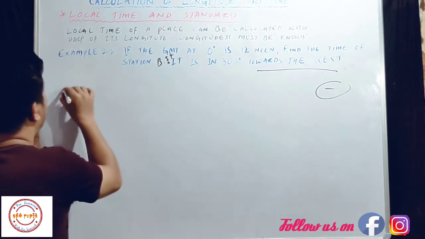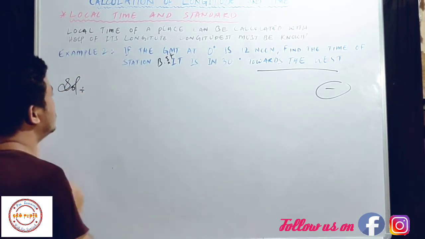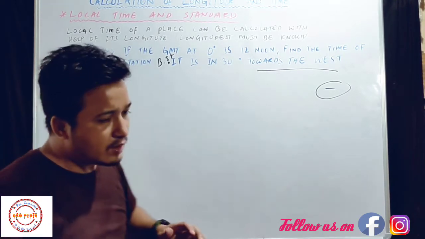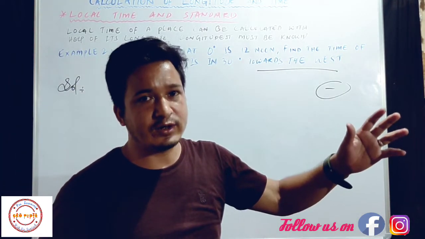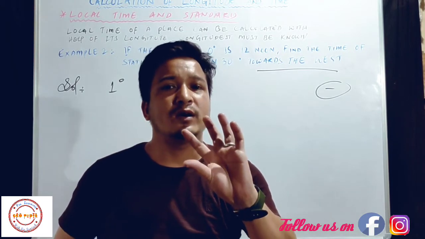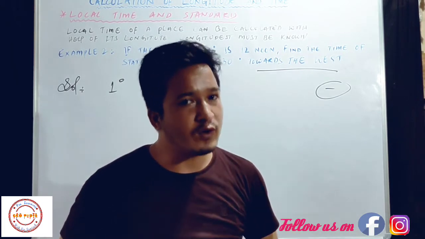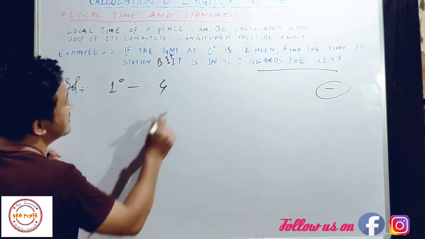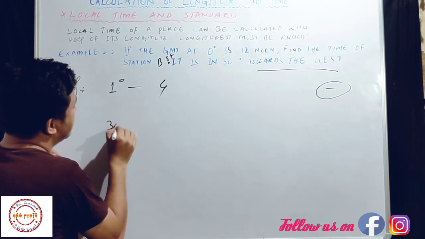Again I will just write the solution. You know that the earth rotates 1 degree in 4 minutes. So here we have 30 degree.